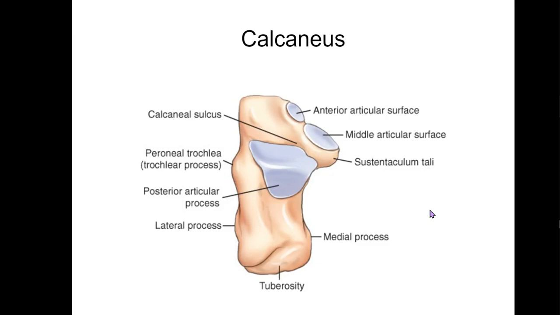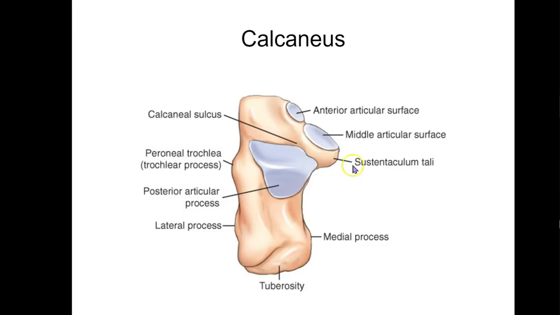So you could call this the anterior articular facet or the anterior articular surface. I would be fine with either one. The middle articular surface or facet, notice it's right on top of the sustentaculum tali. And again, that's really providing a lot of support medially for that important joint that's bearing so much of our weight.